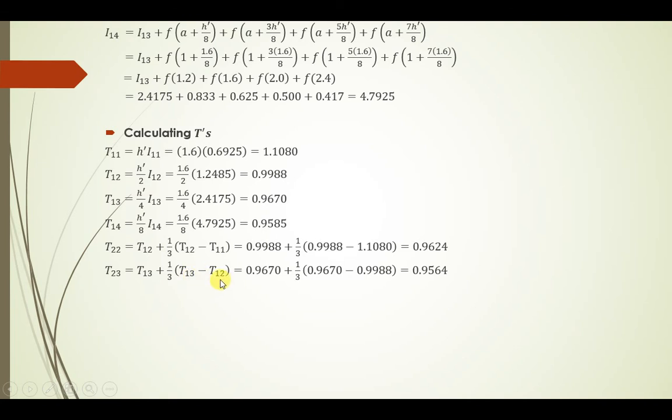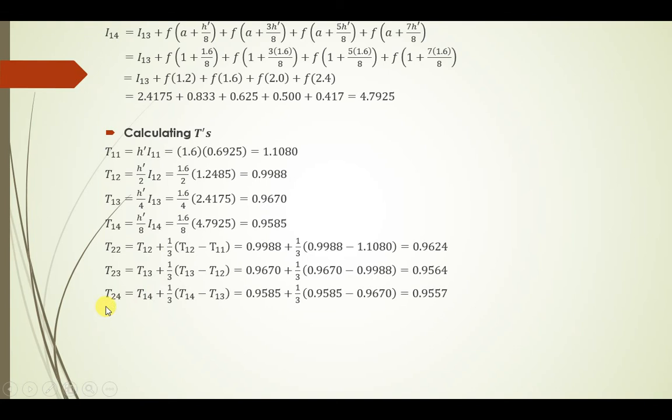Replacing t13 by 0.9670 and t12 by 0.9988, subtracting these two, dividing it by 3 and adding the answer with this number, we get this answer. This answer is actually t23.